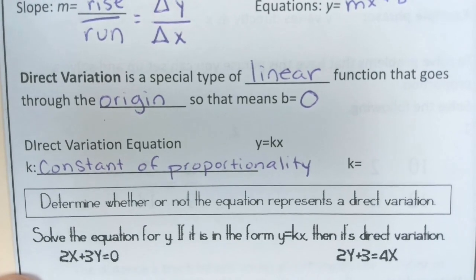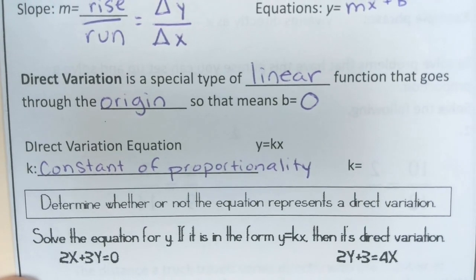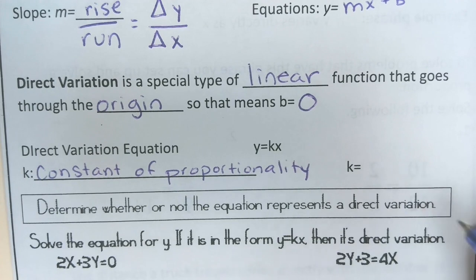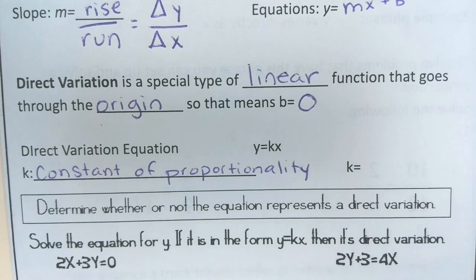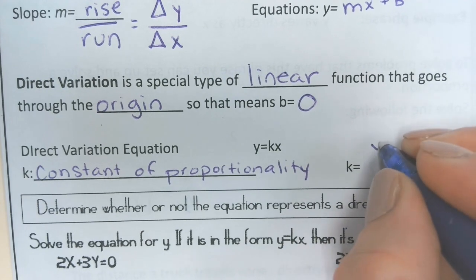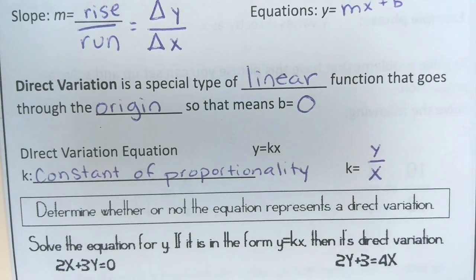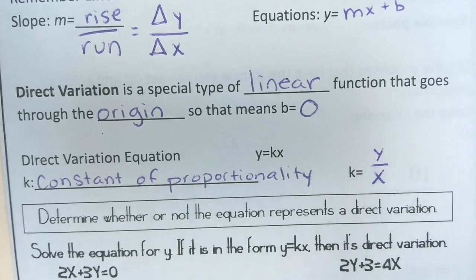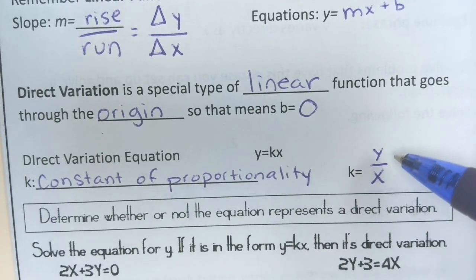It's basically how the y values increase based on whatever the x is. It's being multiplied by some number k to get your value. So k is found by doing y over x. So when it goes through the origin, the way you can find your k or your slope is just divide y by x.